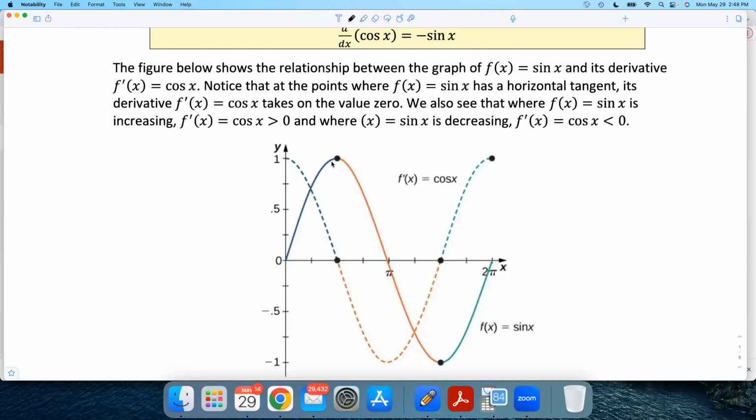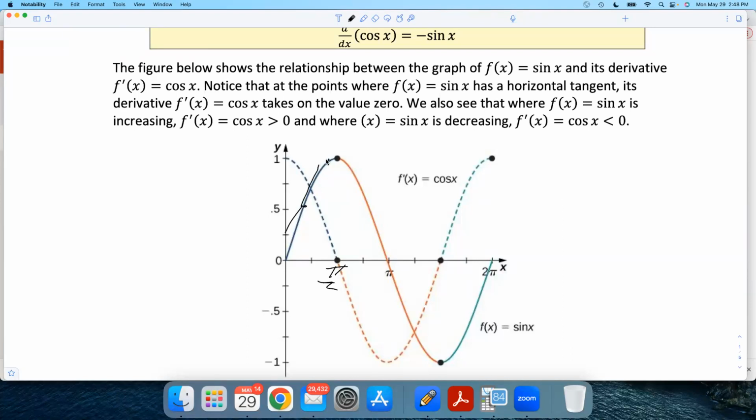So in this region of sine, from 0 to pi over 2, this value right here, pi over 2, sine is going up, it's increasing, but the tangent lines are getting less and less positive. Like right here, my tangent line is pretty steep.